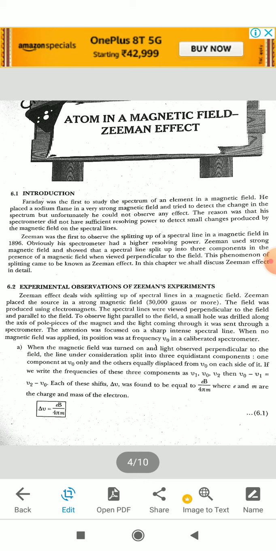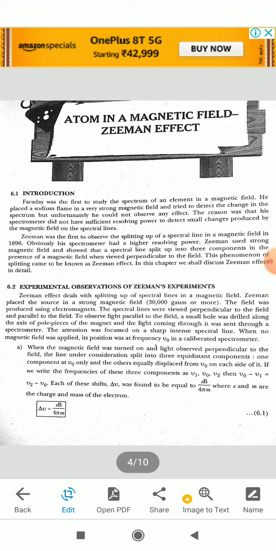Now, first, Faraday applied a magnetic field to the spectrum of a simple sodium flame, but no change in the spectrum could be observed because of the limited resolution of the spectrometer.